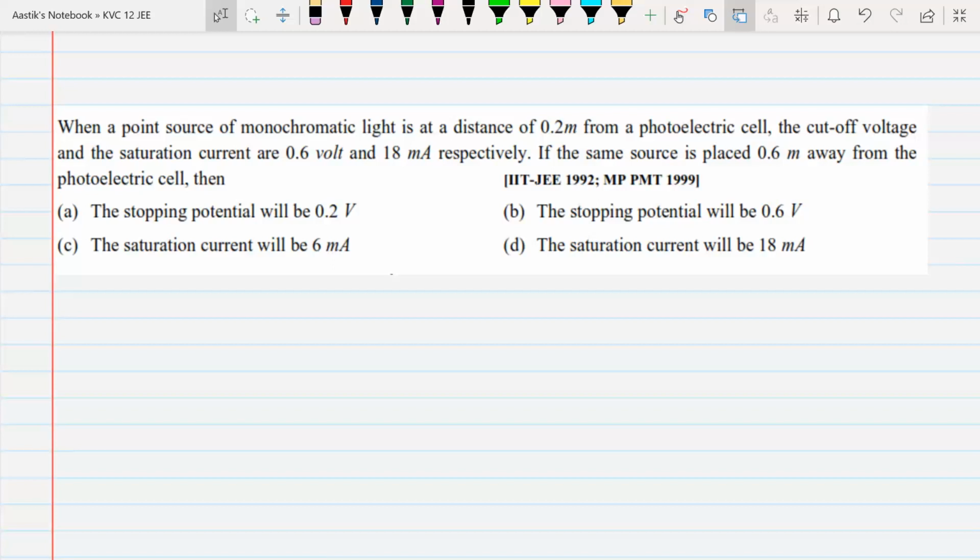In this question, what you don't understand? We don't understand that we don't understand anything. That is what we understand, that we don't understand anything.